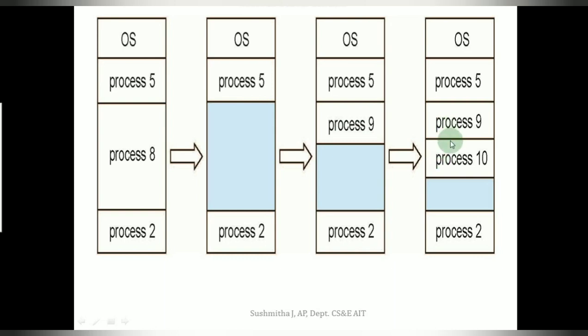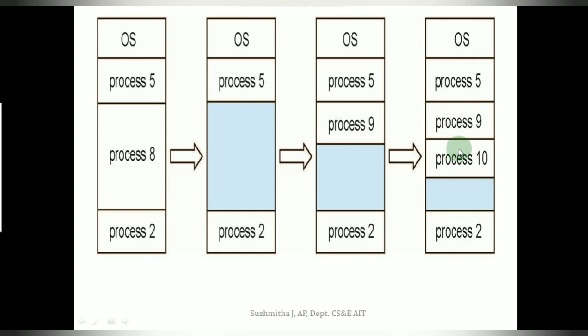Now, what if in the same scenario I have process 5 completing its execution and releasing, and again here I have process 2 completing its execution and releasing. So there is a possibility that there are multiple free blocks or holes scattered around the main memory.